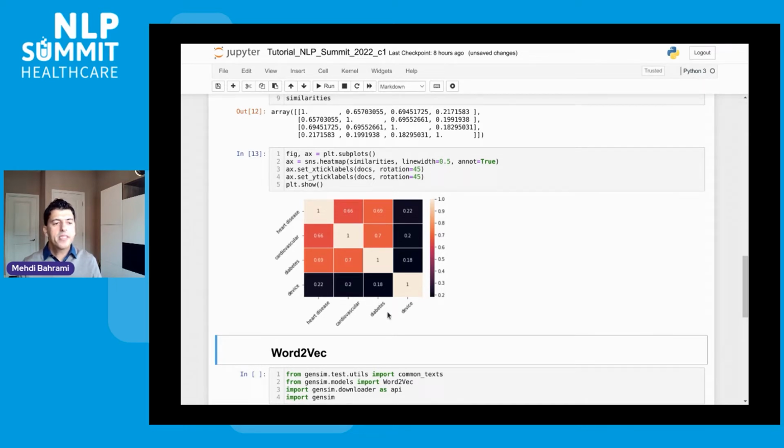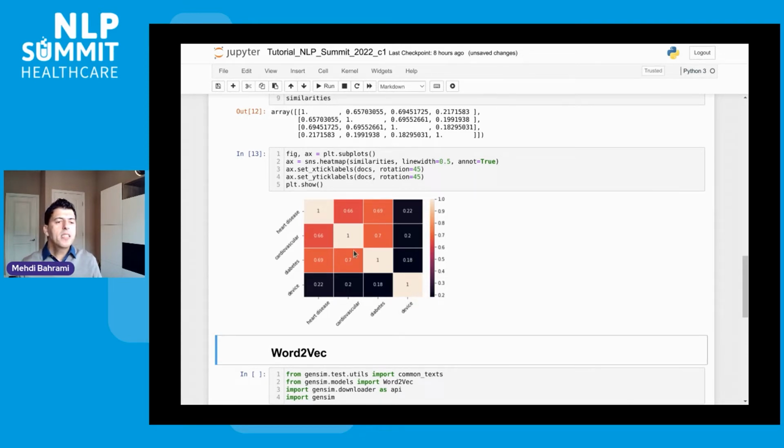As we expected, the black colors show low similarity to other words, which means the device does not match with the other words. We can understand that the text of the device is not relevant to heart disease, cardiovascular, and diabetes.